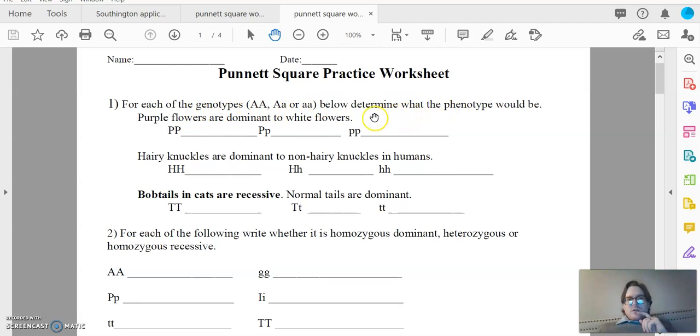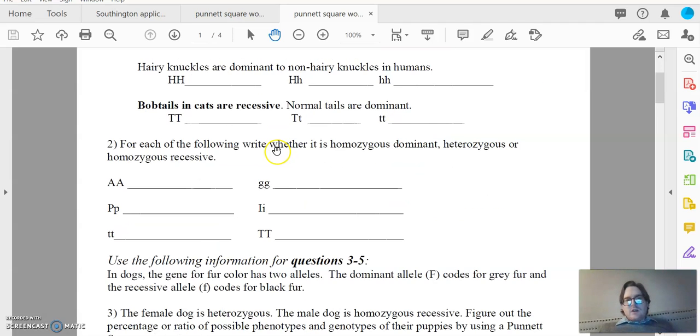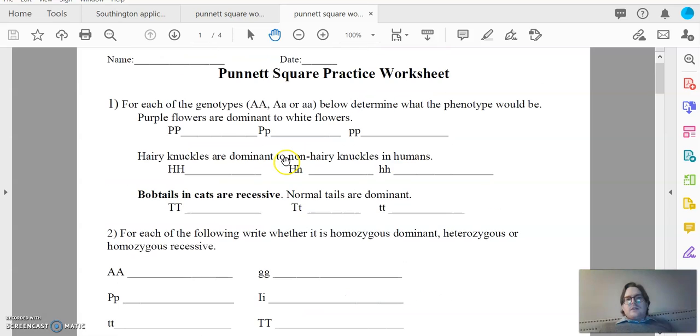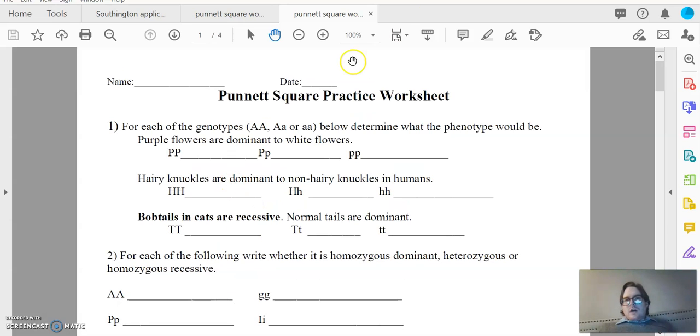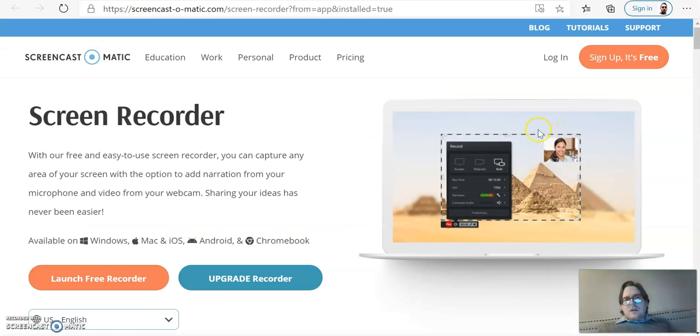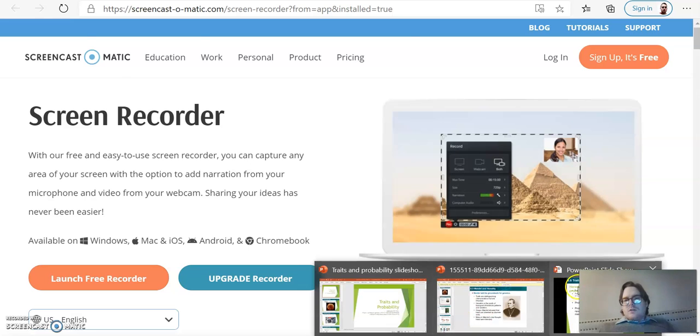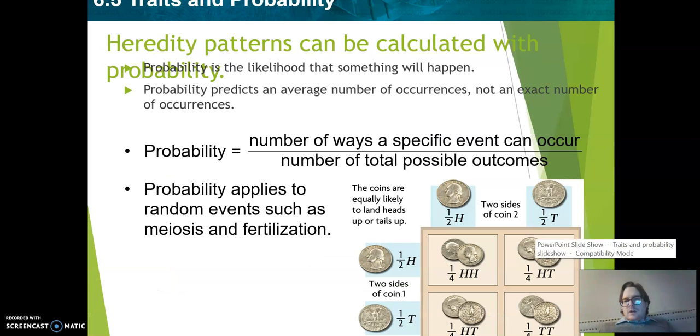We'll have you figure out what color they are based on whether they're homozygous dominant, heterozygous, homozygous recessive, etc. I'll have you fill out the phenotype there. Here we've got hairy knuckles, and there we've got tails. So fill that out. We'll go over it in class tomorrow, and we'll see how well you understand this.